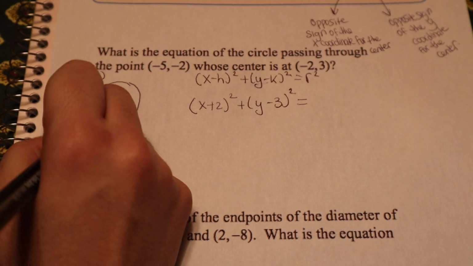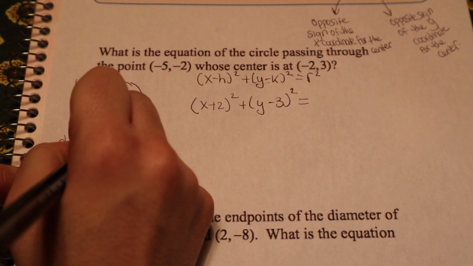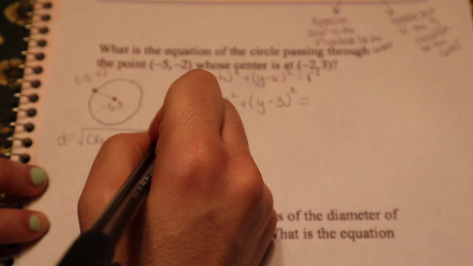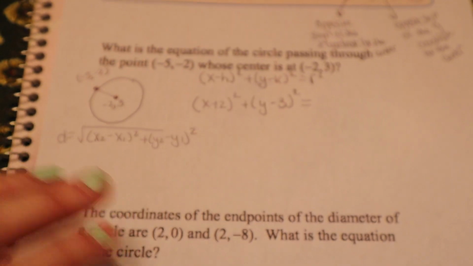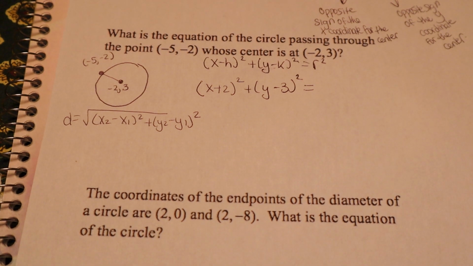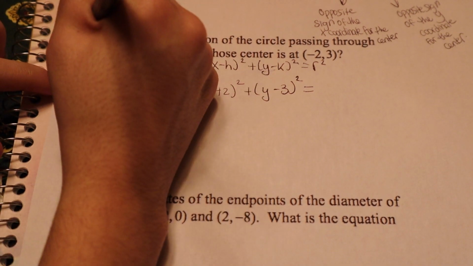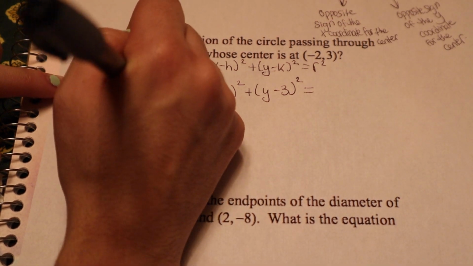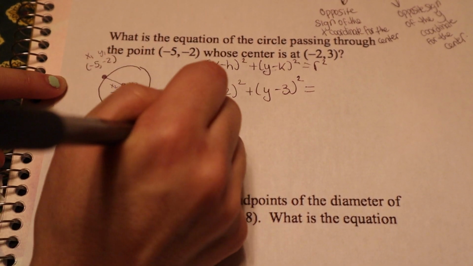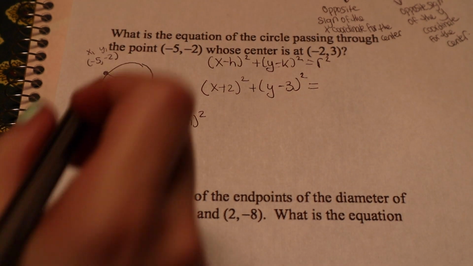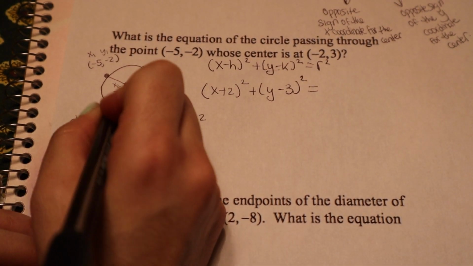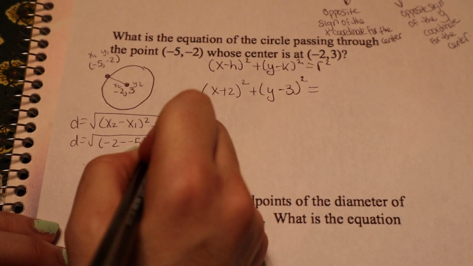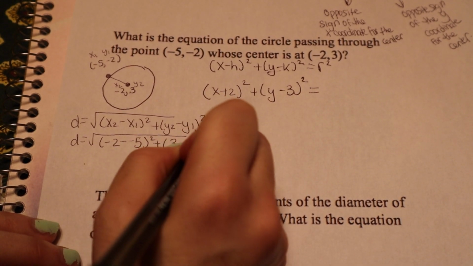So d equals the square root of x2 minus x1 squared plus y2 minus y1 squared. So I'm going to make this x1, y1, x2, and y2. So it's going to be -2 minus -5 squared plus 3 minus -2 squared.